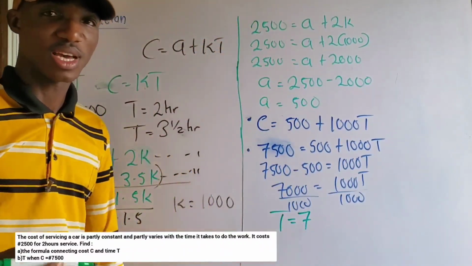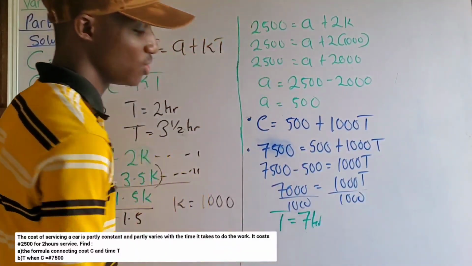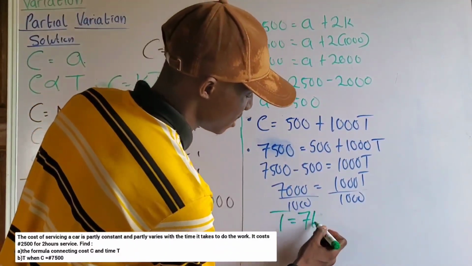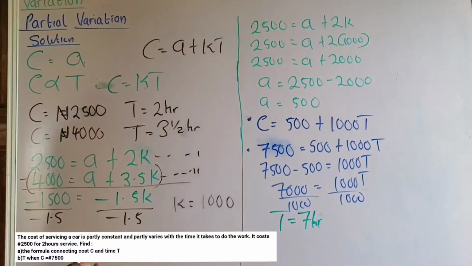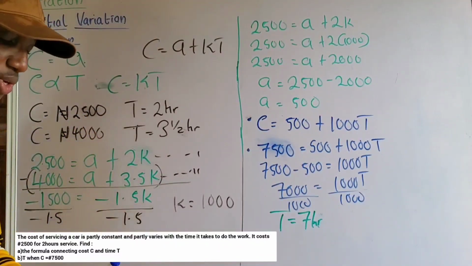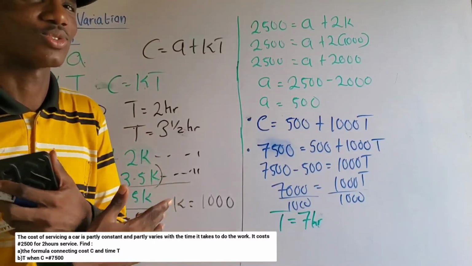Now, because we are dealing with time and the time is in hours, so that will be 7 hours. Do you understand? Okay, T equals 7 hours. So you can see that it's simple. Partial variation is simple. Okay, you just have to learn how to interpret the question that you are given. After doing that, the rest is solved.